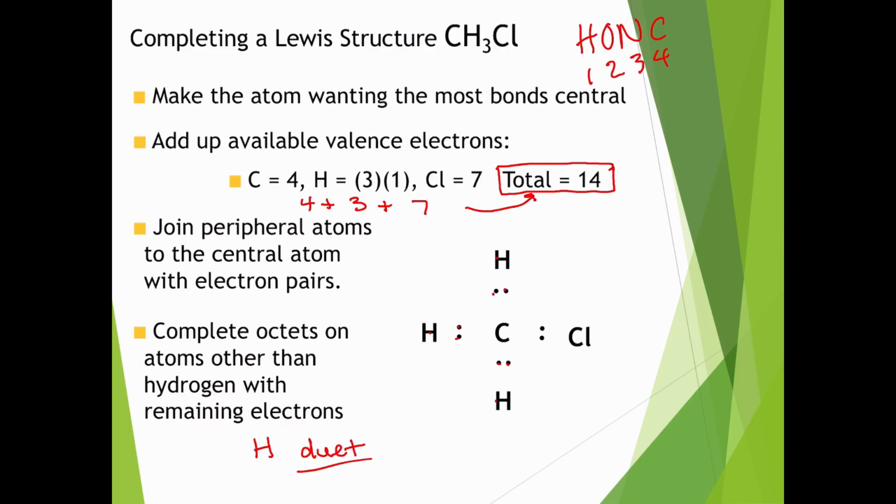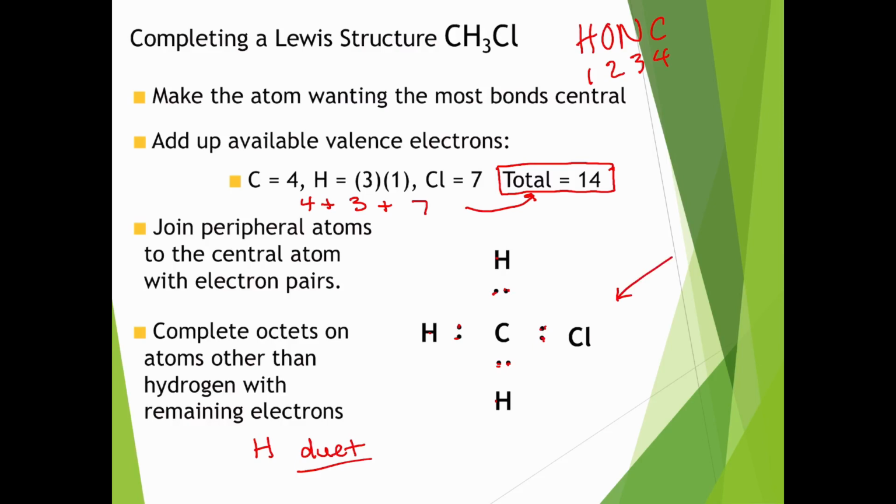And when we're going around and checking octets to make sure that your structure looks good, you don't really need to check on hydrogen. As long as hydrogen has only made 1 bond, you're done. The carbon in the middle right now has 2, 4, 6, 8 electrons around the carbon. So the carbon's done. Carbon has followed the octet, but this chlorine over here only has these 2 valence electrons that it's sharing with carbon.